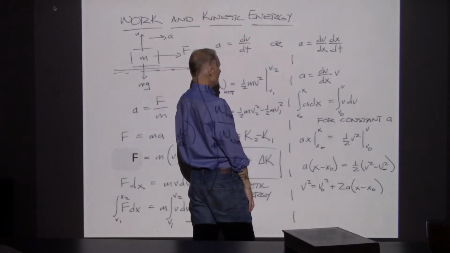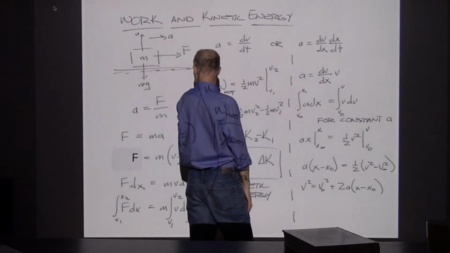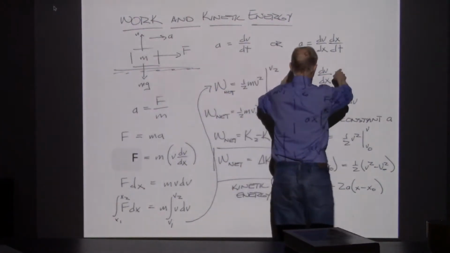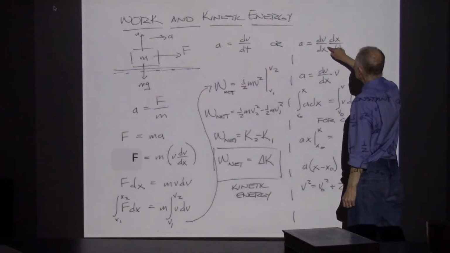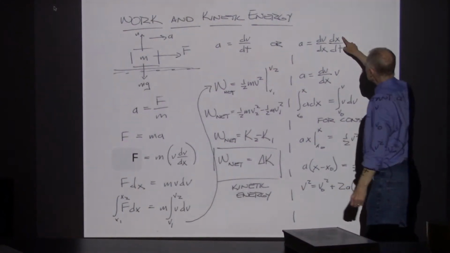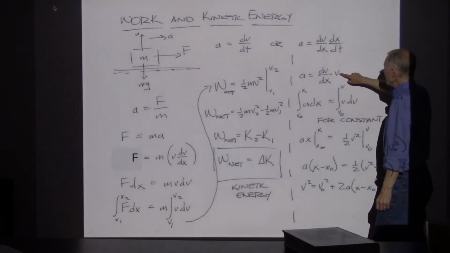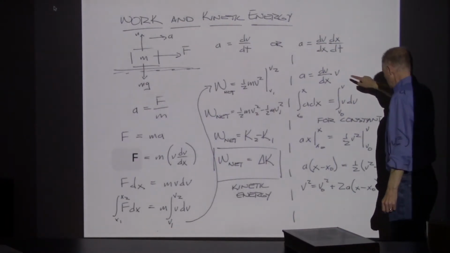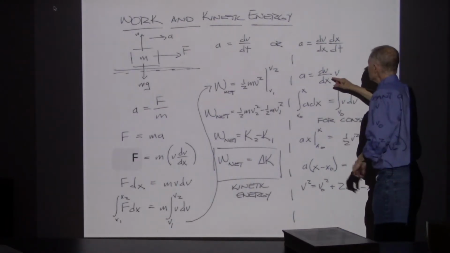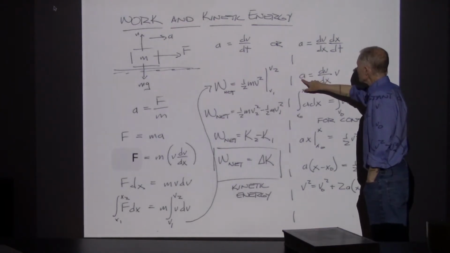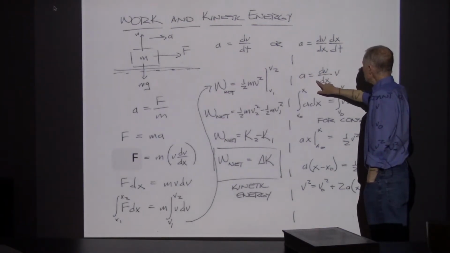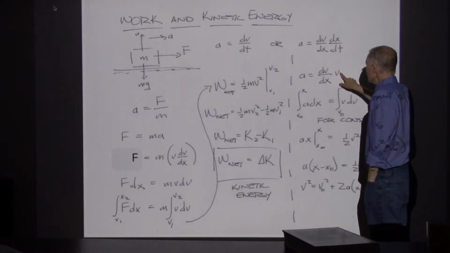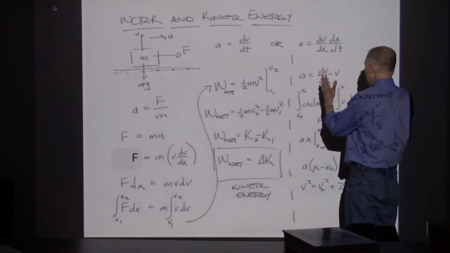Let me follow this a little farther here. So the dv dx, I'm just going to keep that, but dx dt can be rewritten as v. Now that's a little unusual here, but let's just follow this through. If I were to say acceleration is equal to dv dx times v, I could integrate both sides of that.